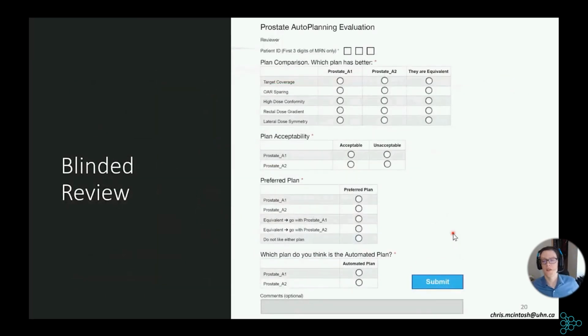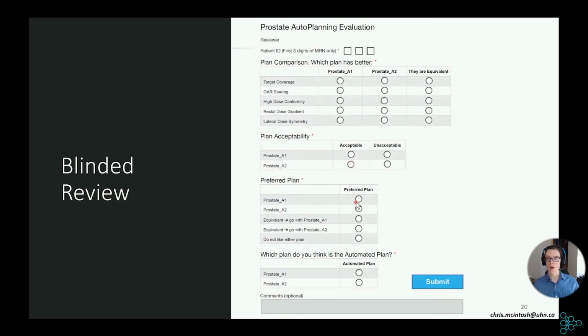So here is the form that the physicians reviewed in the head-to-head comparisons. They're blinded as to whether A1 was automated or manual and vice versa. They would look at particular metrics along those treatment plans and see which they preferred for A1, for example, or if they thought they were equivalent. They would look at whether each plan independently was acceptable or not, so whether it was safe for treatment or not.